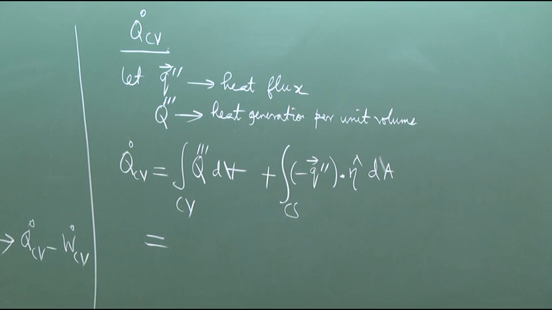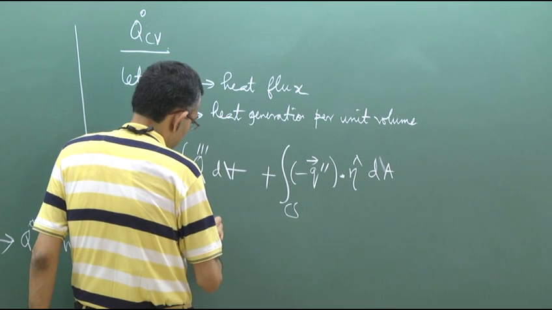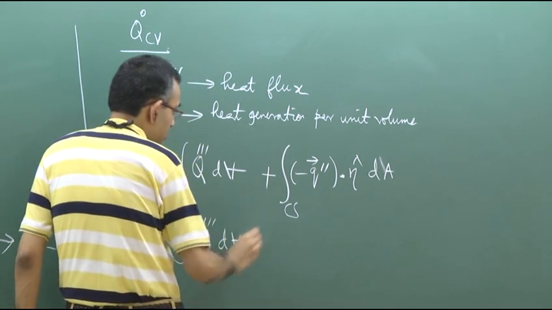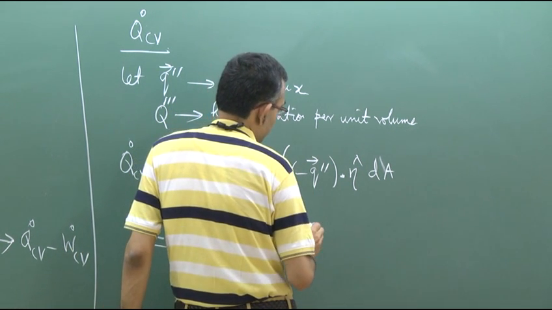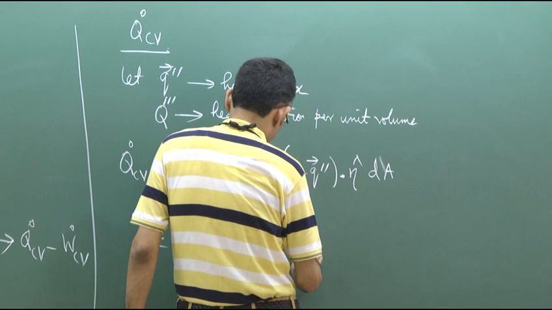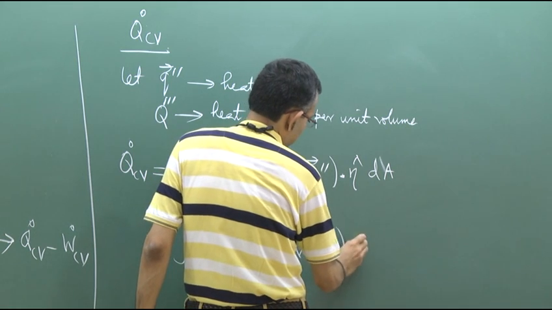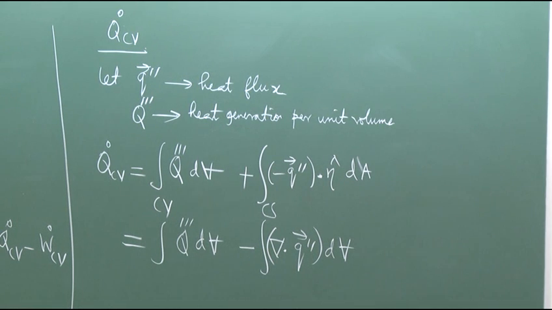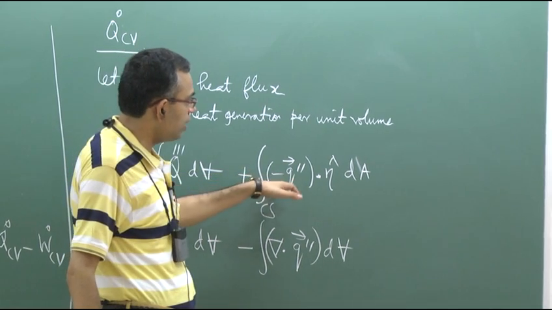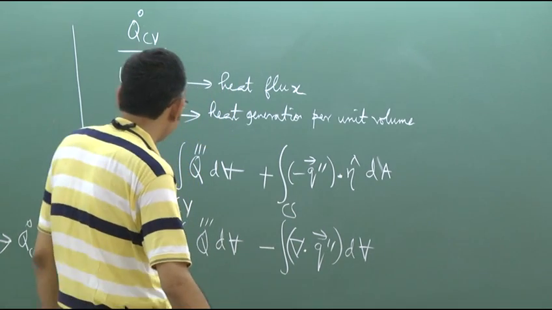We can write this as, by using the divergence theorem we are converting the area integral into the volume integral. Okay. So, this is for the heat transfer.